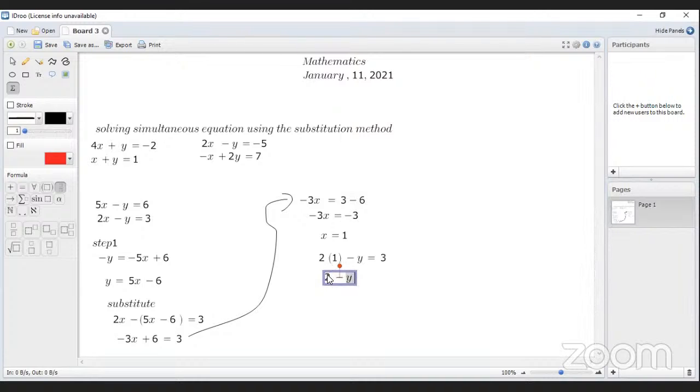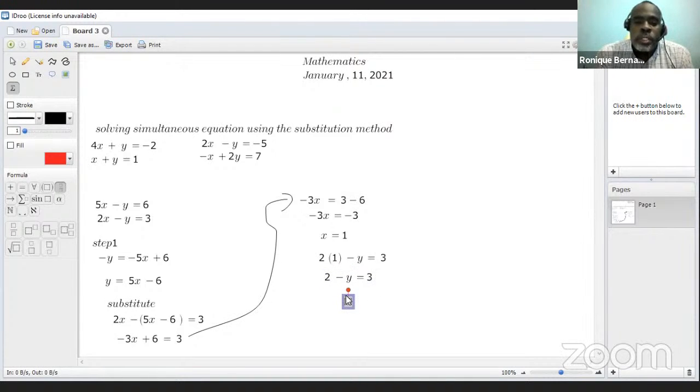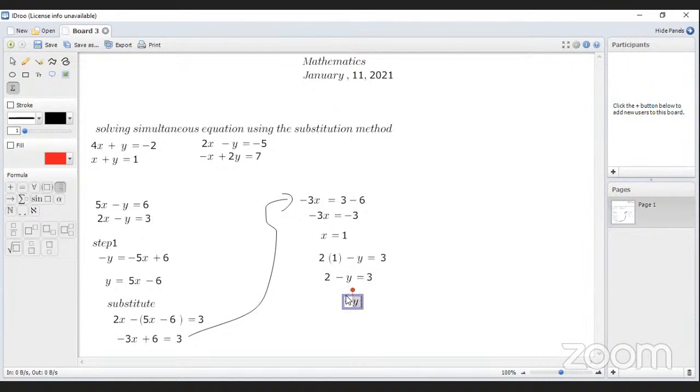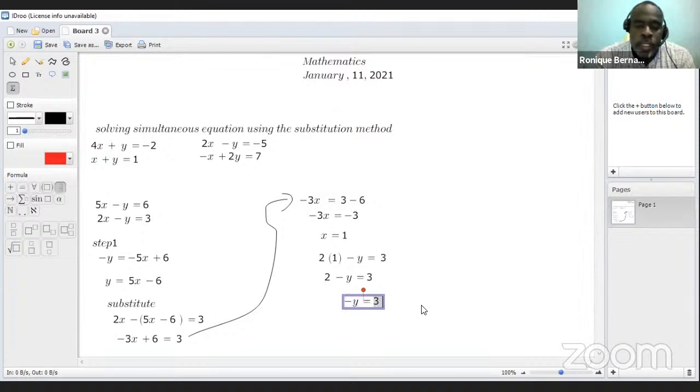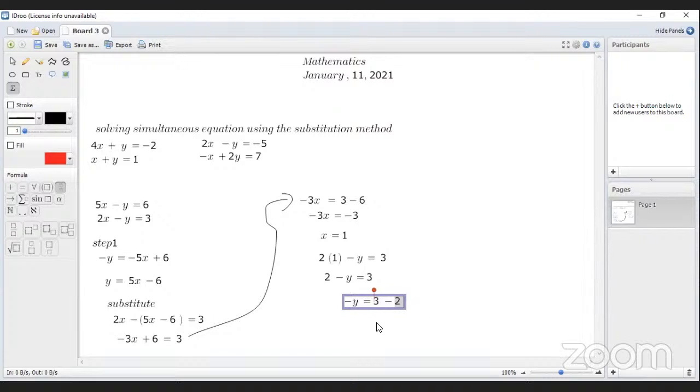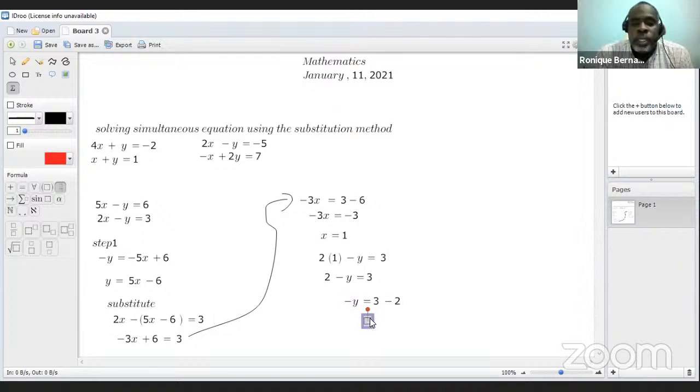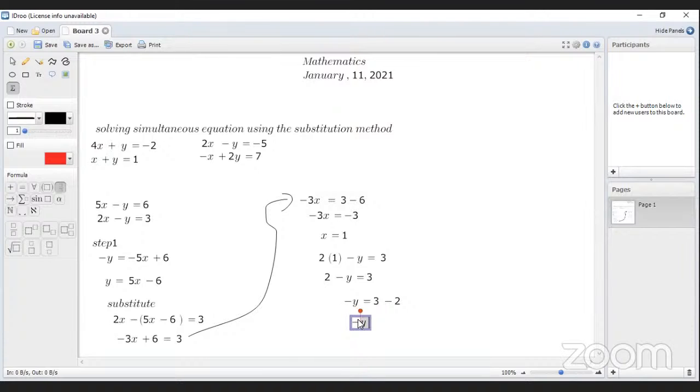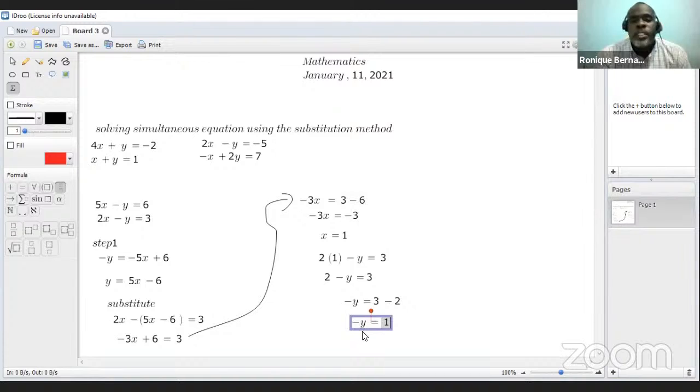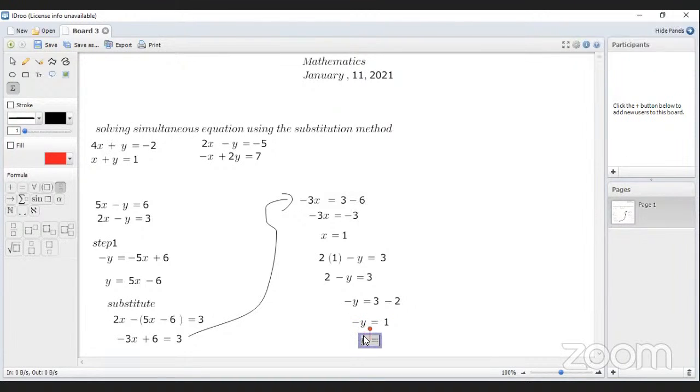So you subtract 2 from both sides, and you leave with negative y equal to 3 minus 2. And therefore the answer becomes what now? Negative y equal to 1. So y is equal to what now? y equals negative 1.